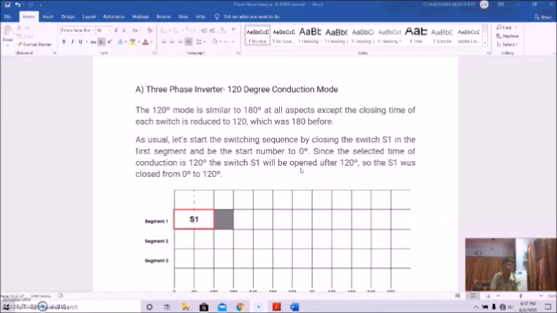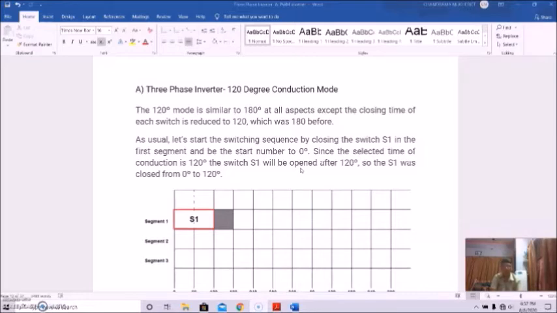It was also discussed that in any segment the two switches are not operated simultaneously, because it would short circuit the input source. So there must be a predetermined operational mode, as we discussed in our last class. So let us start with the 120 degree conduction mode of operation.